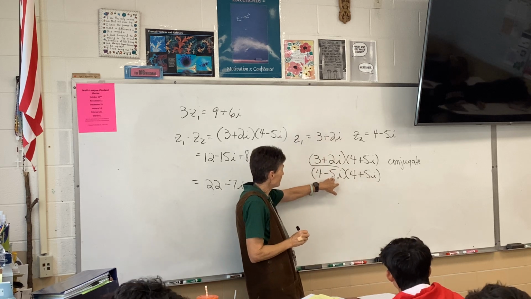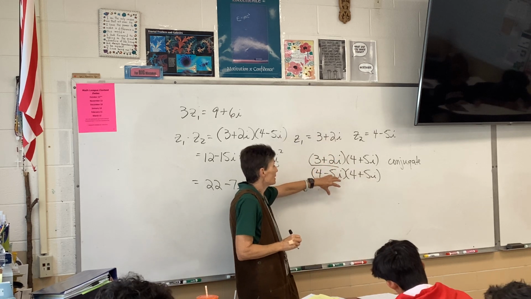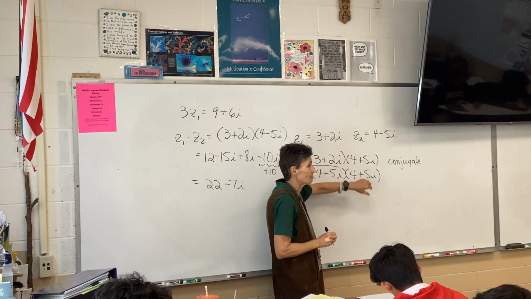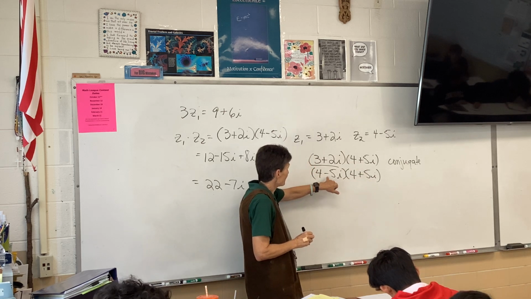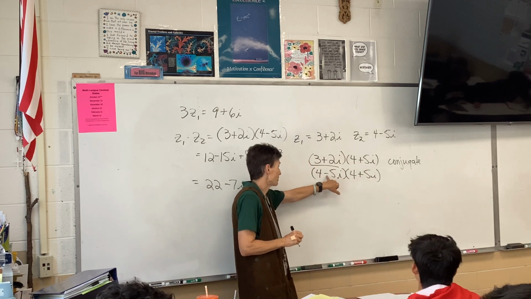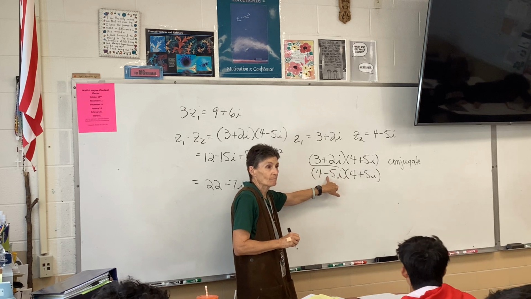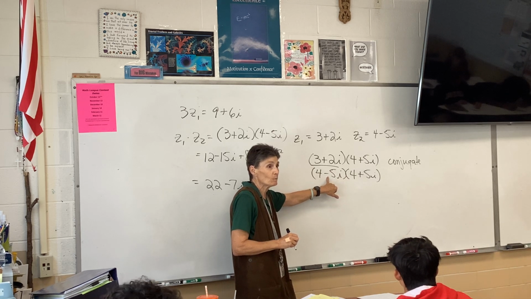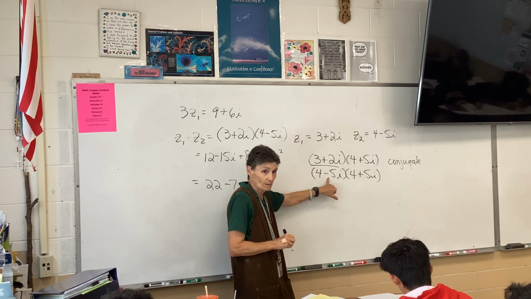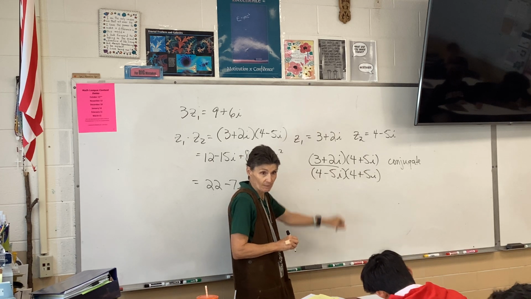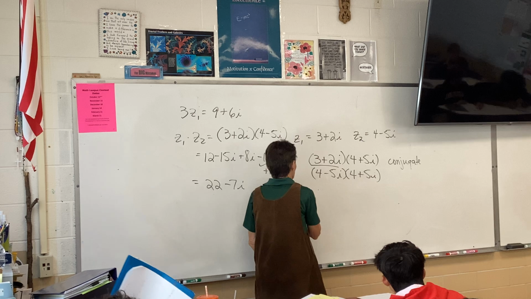So whenever we have an i in the bottom, we're going to multiply top and bottom by the conjugate. And the conjugate is just the same thing with that sign changed. And then we get to FOIL again, on the top and the bottom. Okay, so here we go.